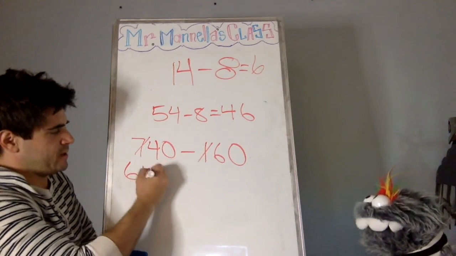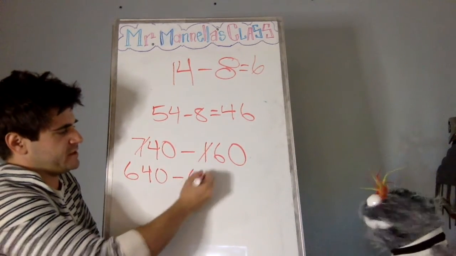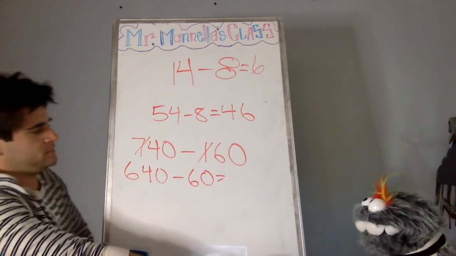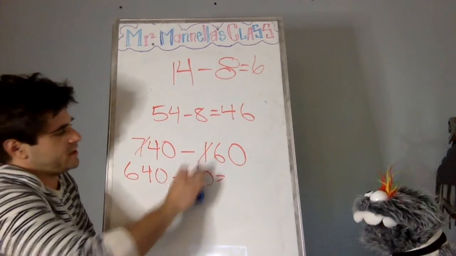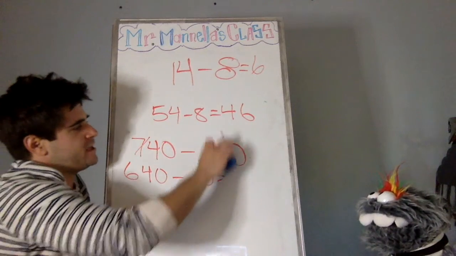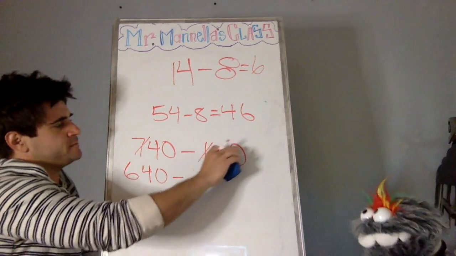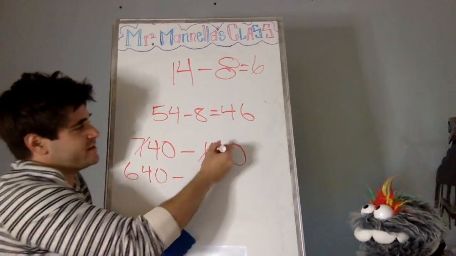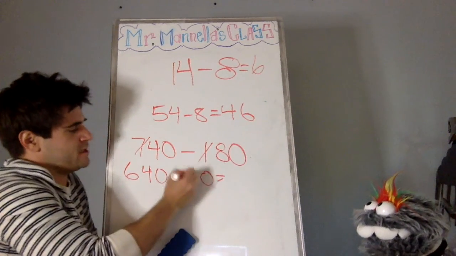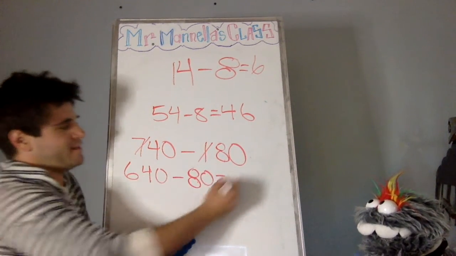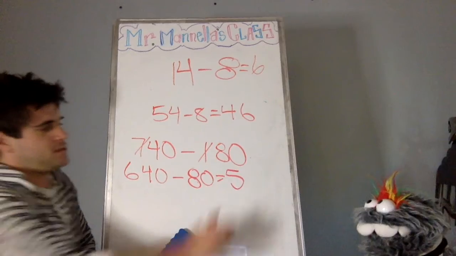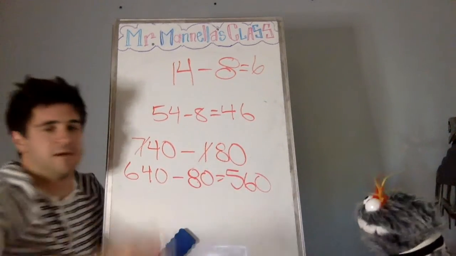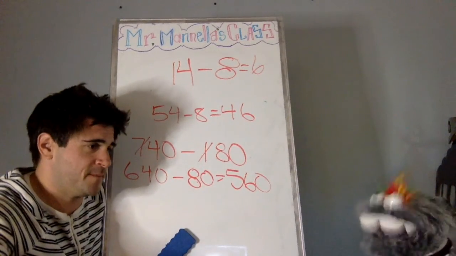Yep, keep your 40 there. So now 640. Minus 60 would be? 580. No, it should be 80. I'm sorry. It is 580, but you know what? I keep going back and forth here. It is part of our fact family, 8s and 6s. Let's say it was 180. So we're going to go 640 minus 80, and that would be 5 what? 60? Correct.